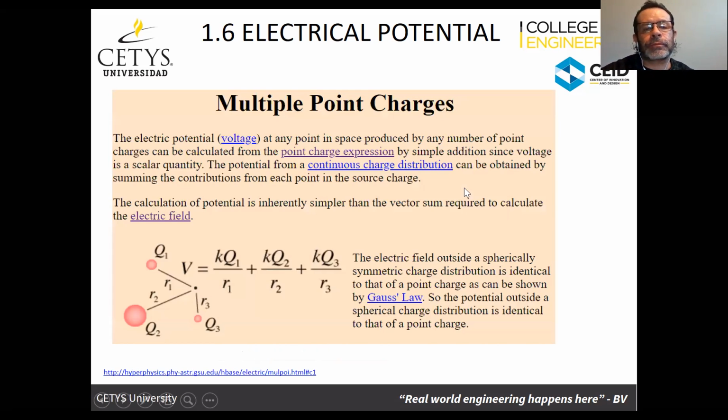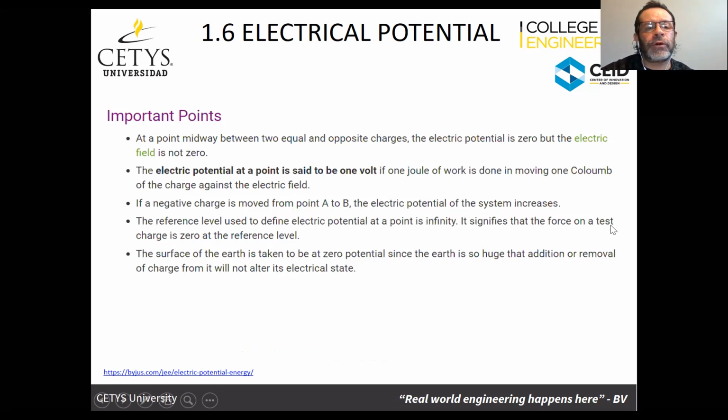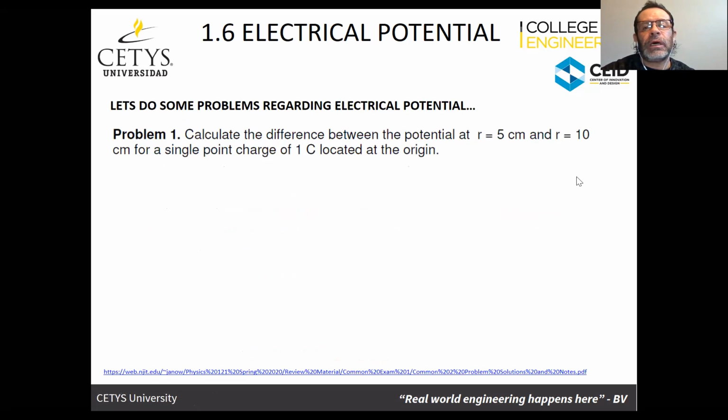So, for example, if we were to calculate the difference between the potential at R equals 5 and R equals 10 for a single point charge of one coulomb located at the origin. Let's assume that we've got a charge here. We're going to say that this is positive.